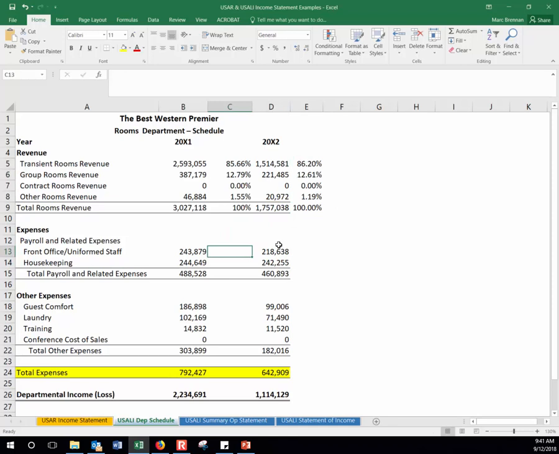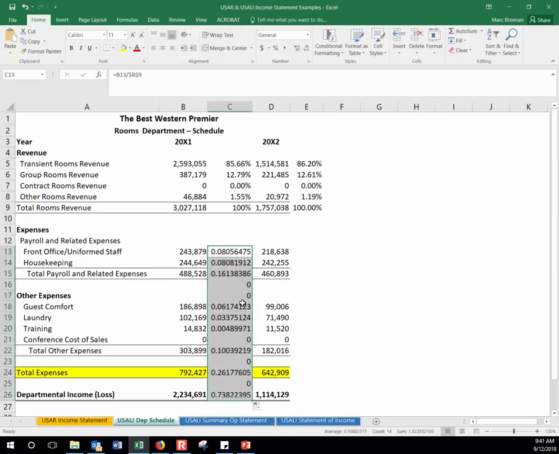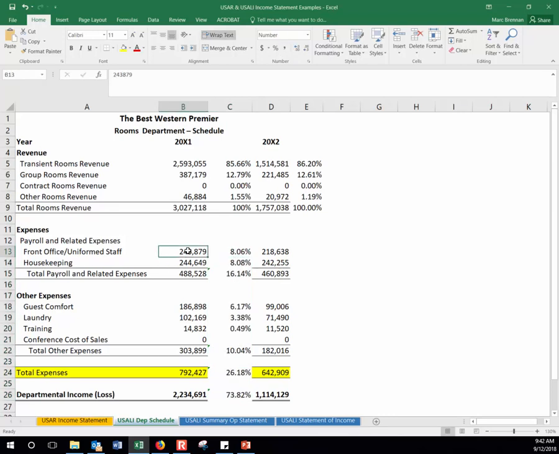Okay. We would then complete the same operation we did with our USAR income statement, and now we're going to compare everything to our total rooms revenue. Now again, I'm going to just complete some Excel magic so that we don't spend too much time in this video. But I would find out what my front office and uniform staff is as a percentage of total rooms revenue.